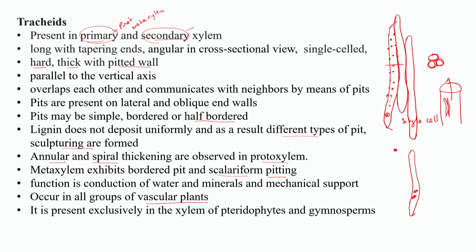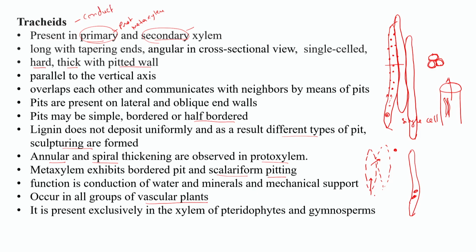Now, how actually will water move through the pit? See, this pit has connections. Suppose we are drawing pits here. This is having connection with other pits, with other tracheids. Now, suppose water is flowing, see this is also a conducting tissue, so it will conduct water.